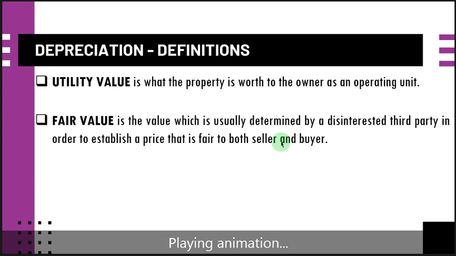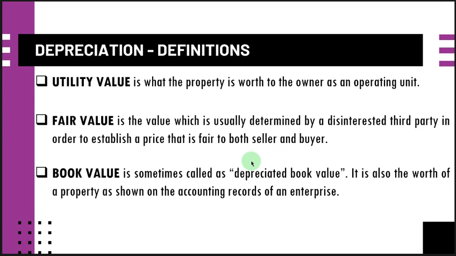So another critical definition for depreciation is the book value. So you may ask, what is a book value? So we are actually using this in solving problems relating to depreciation.